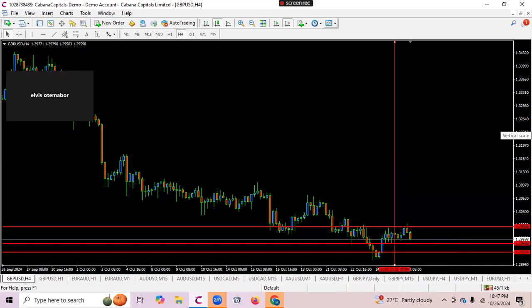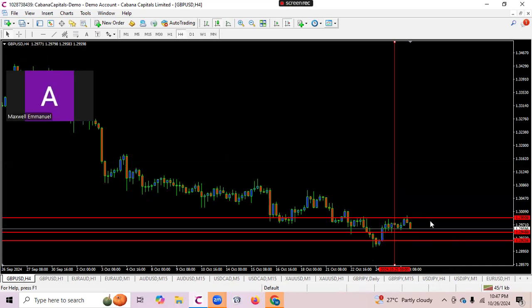Remember, I told you when we're looking at the daily time frame that it is likely they will come and clear the liquidity residing at this relative equal low before going bullish. But because of this fair value gap that was created, they might not push price to these lows.